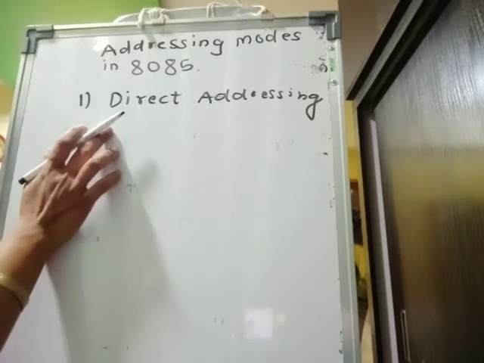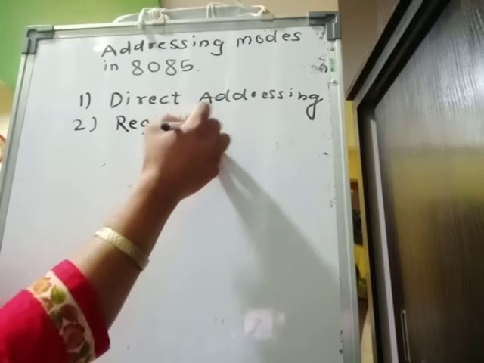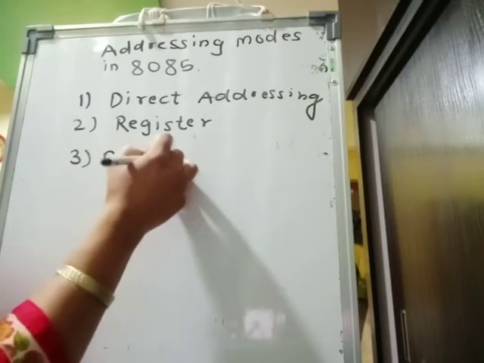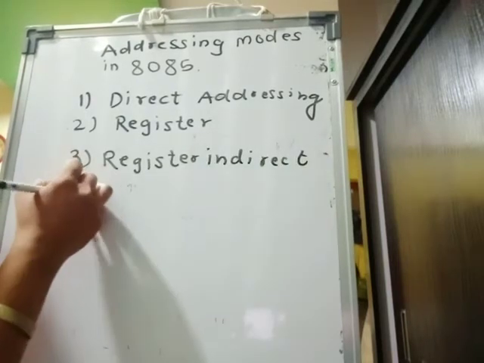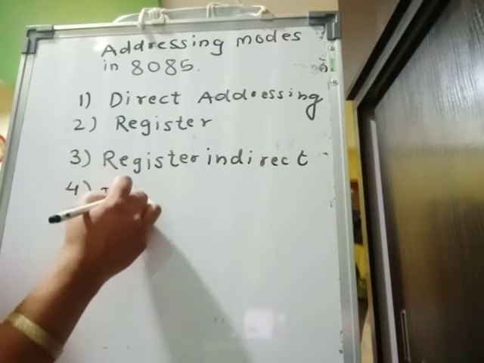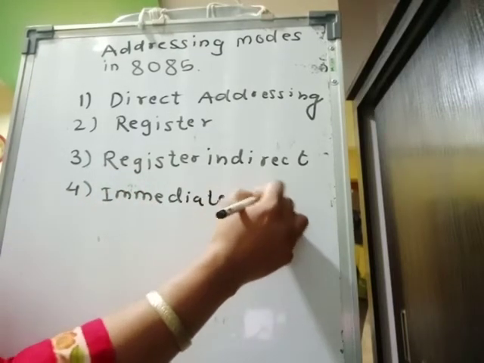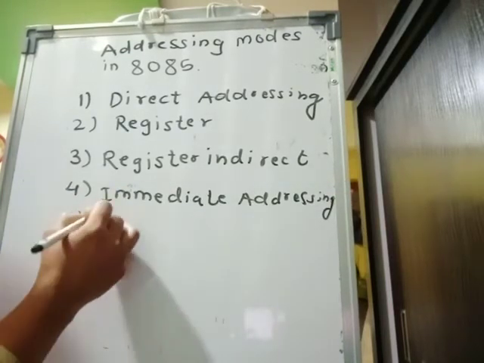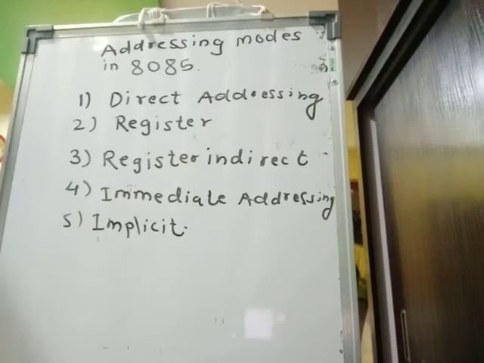First is direct addressing, second is register addressing, third is register indirect addressing, the fourth one is immediate addressing, and the last one is implicit addressing. So these are the 5 different addressing modes that we are going to see in case of the instruction.